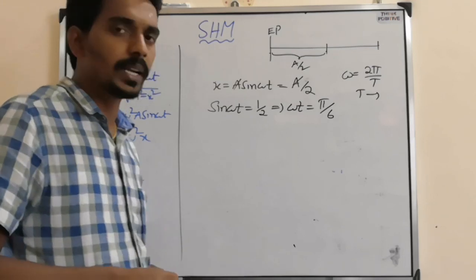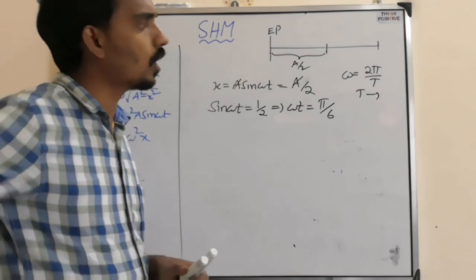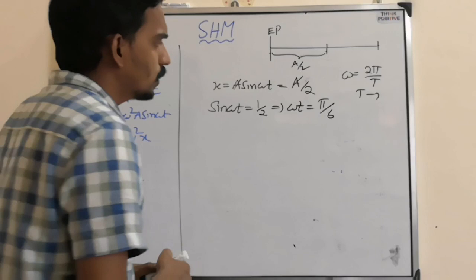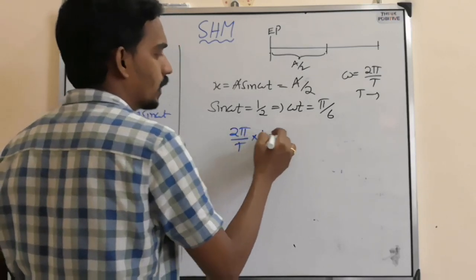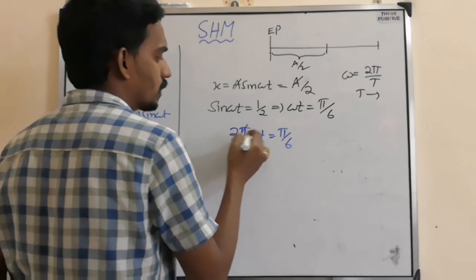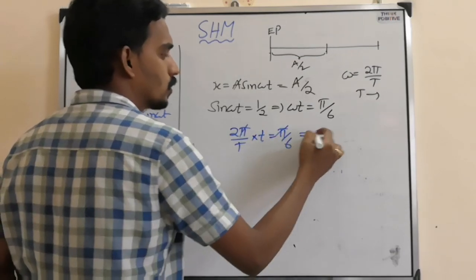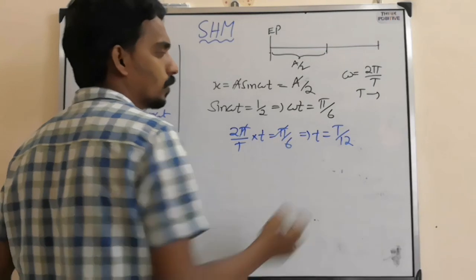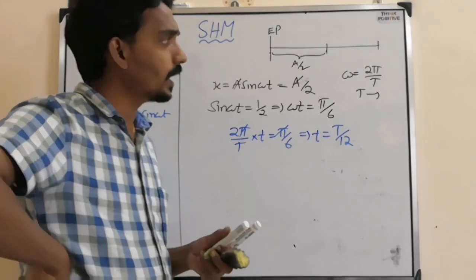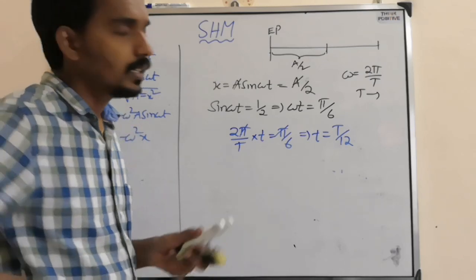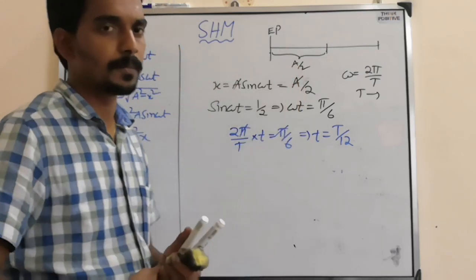Time taken to complete one oscillation is called time period. So if you substitute 2 pi by T into t equal to pi by 6, pi cancels, so t equal to T by 12. So this is the time taken to cover half of the amplitude.